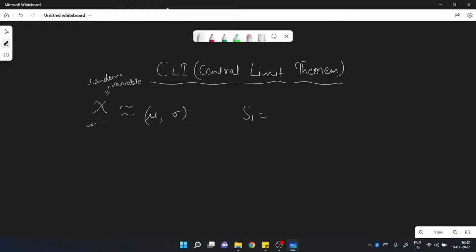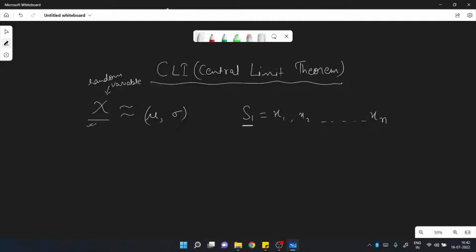In this sample data we take the data points x1, x2, and till xn.